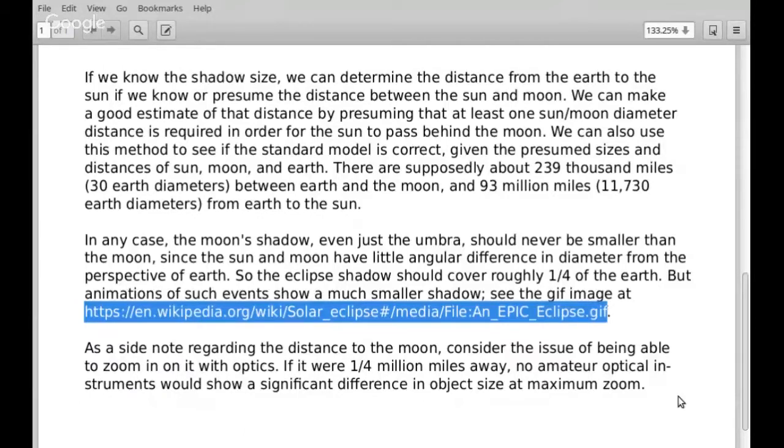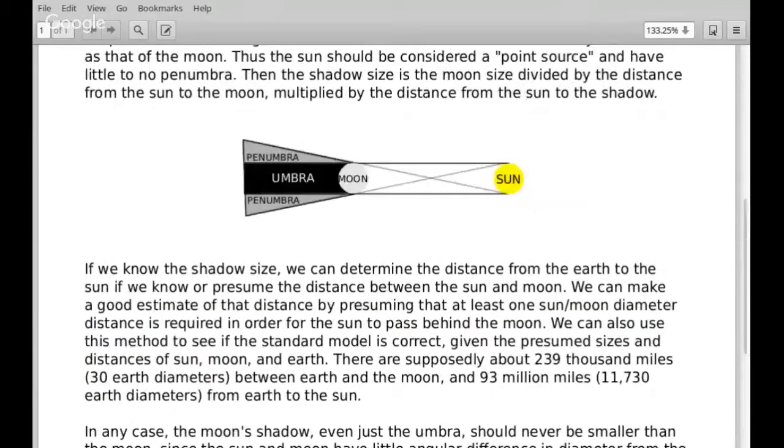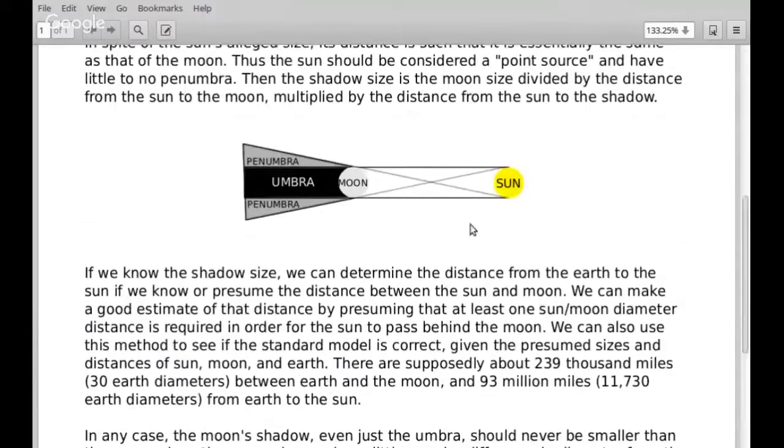It just can't be. So I think it's safe to say that the standard model is wrong, at least in that regard. And if it's wrong in that regard, then everything else has to be recalculated, because if we know this shadow diameter, we can figure out what the distance is, if they tell us the moon is a certain size.